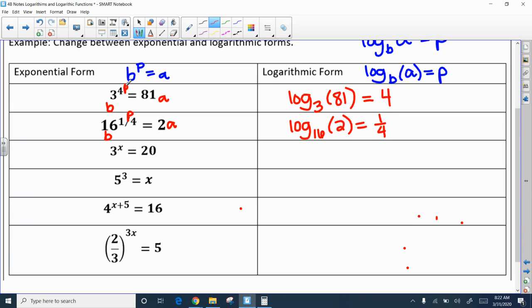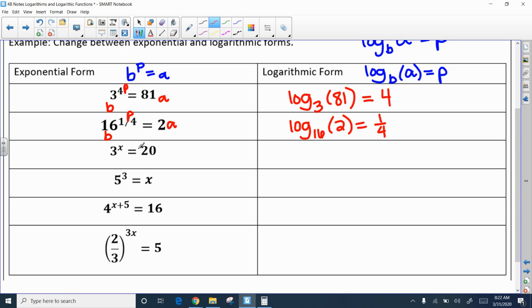So on one of these, the base is with the power in exponential form. In logarithmic form, the base is with the a, and the power is always on the other side of the equal sign. So just keep that in mind when you are changing between your forms.